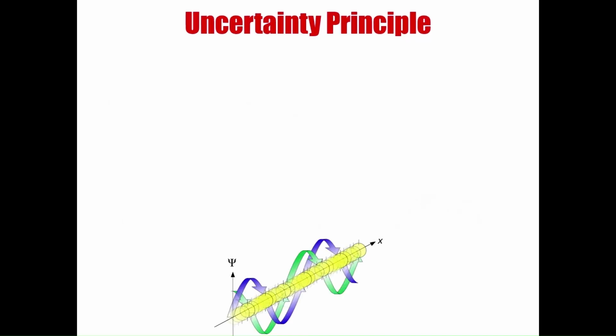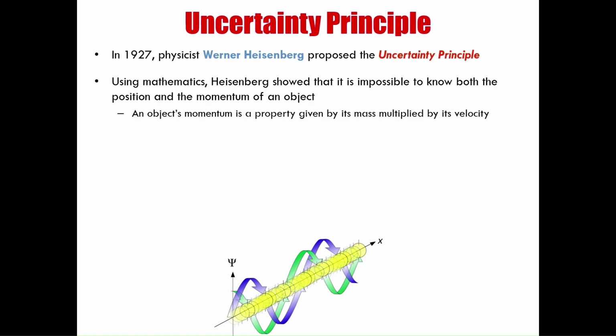The uncertainty principle. Immediately after Erwin Schrödinger proposed his new quantum mechanical model of the atom, a man named Werner Heisenberg began to poke holes through it. In 1927, Heisenberg presented the world with his uncertainty principle. Using mathematics, Heisenberg showed that it is impossible to know both the position and momentum of any object.